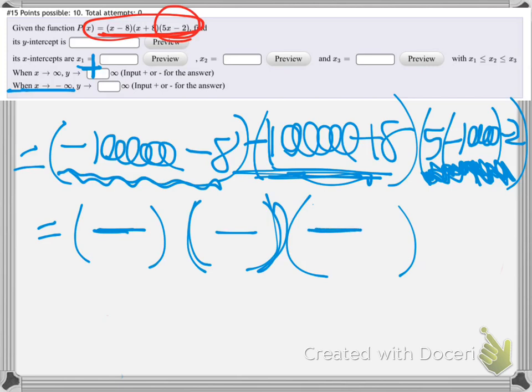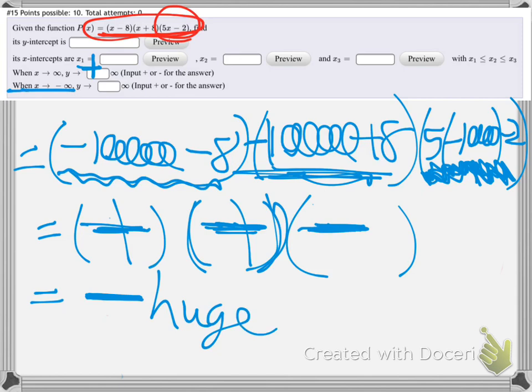These are giant negatives. No wonder I'm writing them so big. So we have a negative times a negative times a negative. It ends up being negative in the end. You could cancel the first 2 if you want, but it's negative in the end. Some giant negative number. Huge negative.